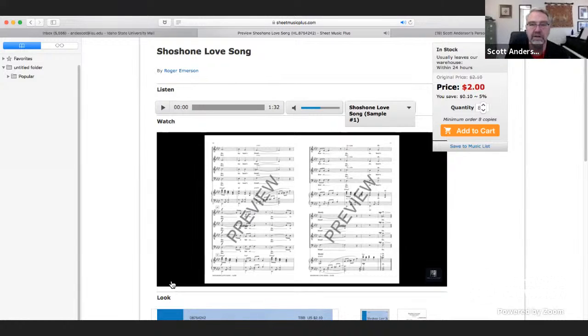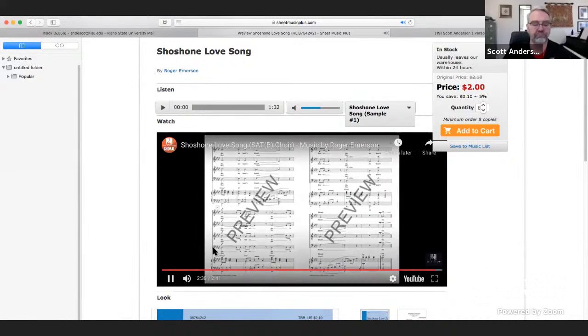Here's the B extension. Here's the coda with an added final cadence. It's a very tiny coda.